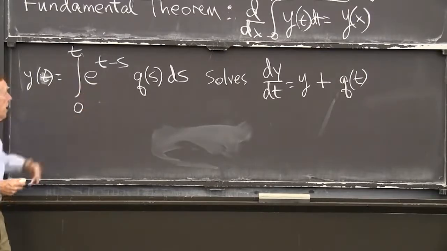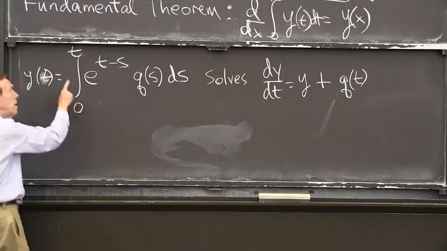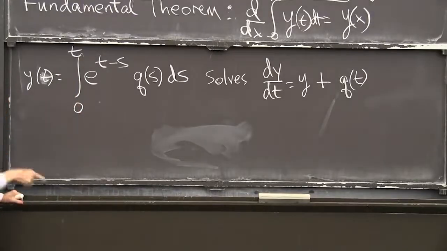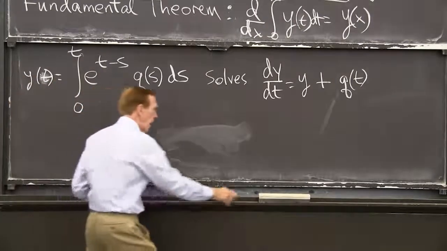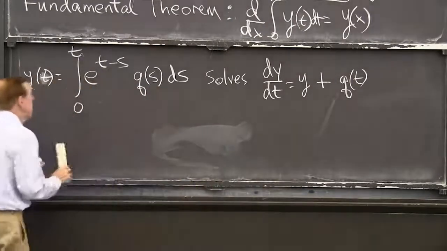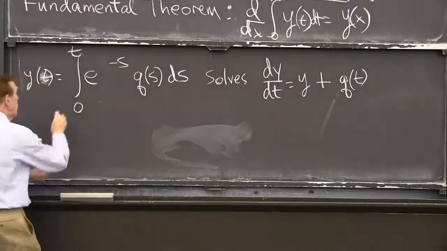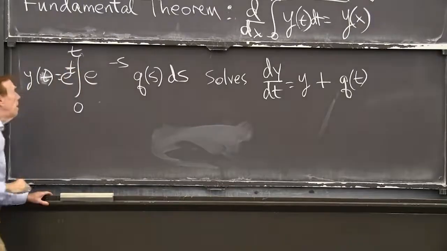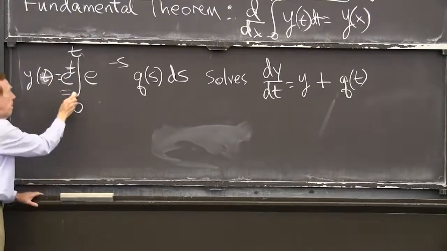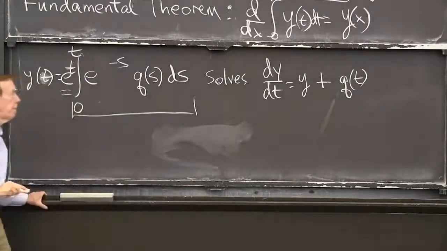Okay, to take that derivative, I notice that t is appearing there in the usual place, and it's also inside the integral. But this is a simple function. I can take e to the t outside the integral, e to the t. So I have a function of t times another function of t.